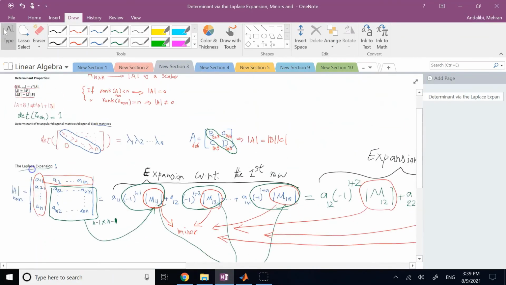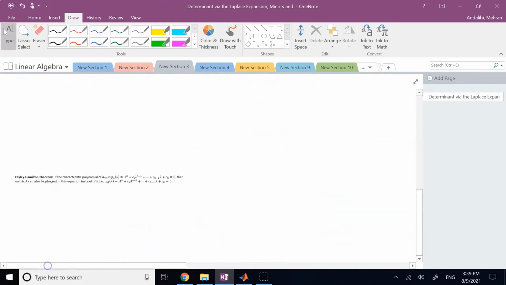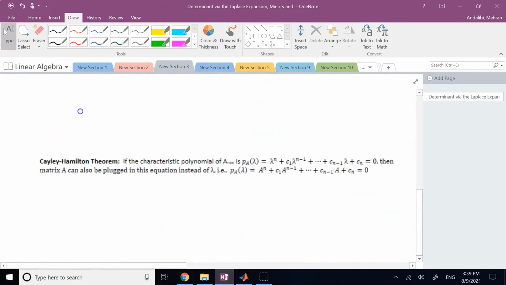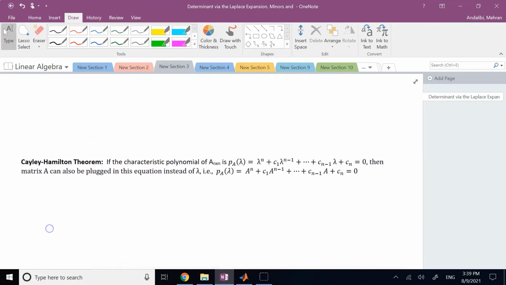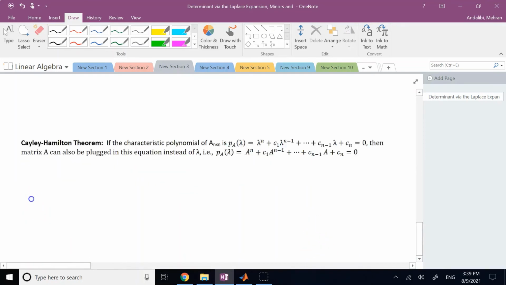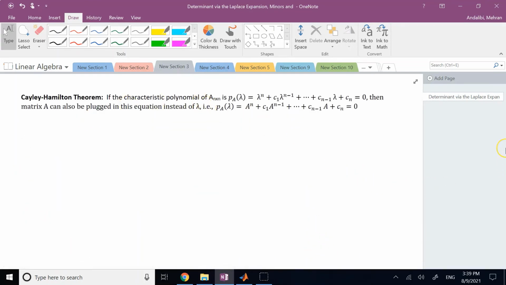Finally, as I said, we need to talk about the characteristic polynomial and the Cayley-Hamilton theorem. So first of all, what is the characteristic polynomial? The characteristic polynomial of an n by n matrix is this. It's written like lambda^n plus c1 lambda^(n-1), and so on.